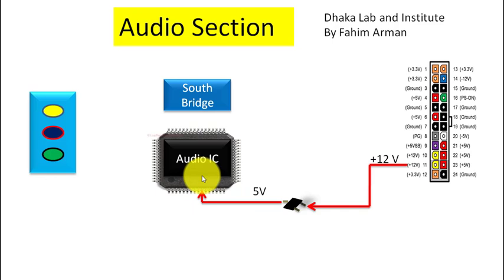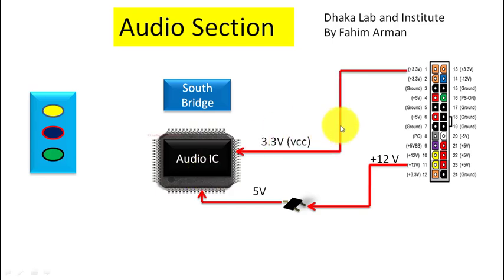The audio IC needs another voltage, which enters the audio IC from ATX connector number 1 pin, and this 3.3 volt enters as VCC. So we can get these two voltages. These are the main voltages of the audio IC. These voltages are very important to power on this IC.